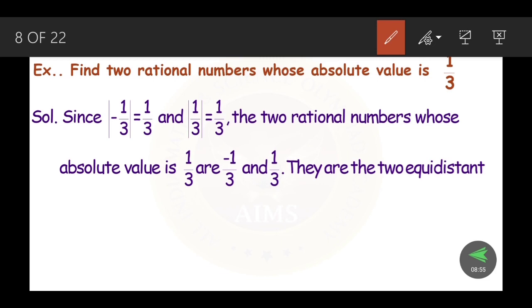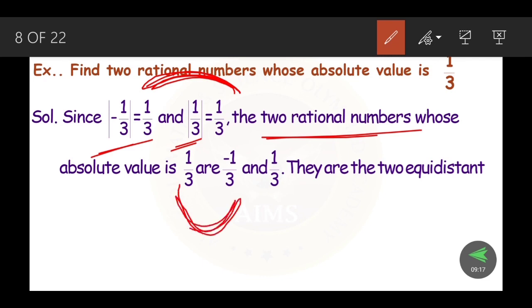For what values is it possible? Inside the modulus we can take minus 1 by 3 or 1 by 3. For both the values the absolute value is 1 by 3 only. So we have two rational numbers, 1 by 3 and minus 1 by 3, whose absolute value is always 1 by 3.